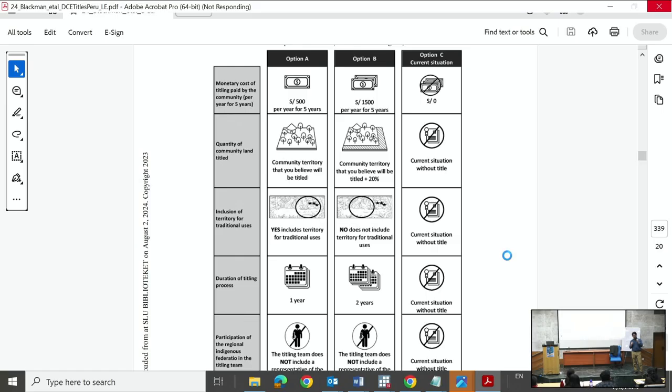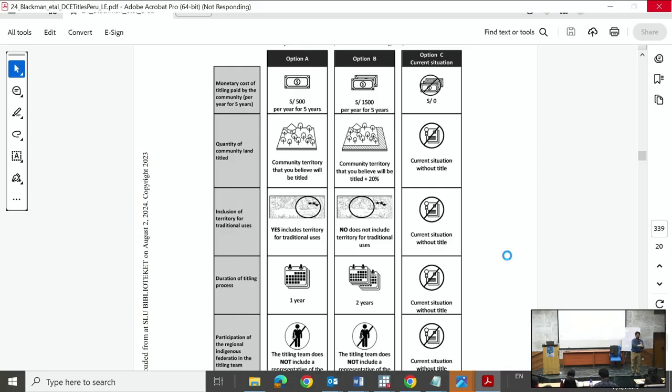I bring this example because it's the first example of doing a discrete experiment in land titling studies. Economists have been studying the importance of land titling since 1980 at least. I remember doing my literature review, and I remember a lot of papers since 1980. They used to do it in the regular econometric way, and then later on they started doing experiments.